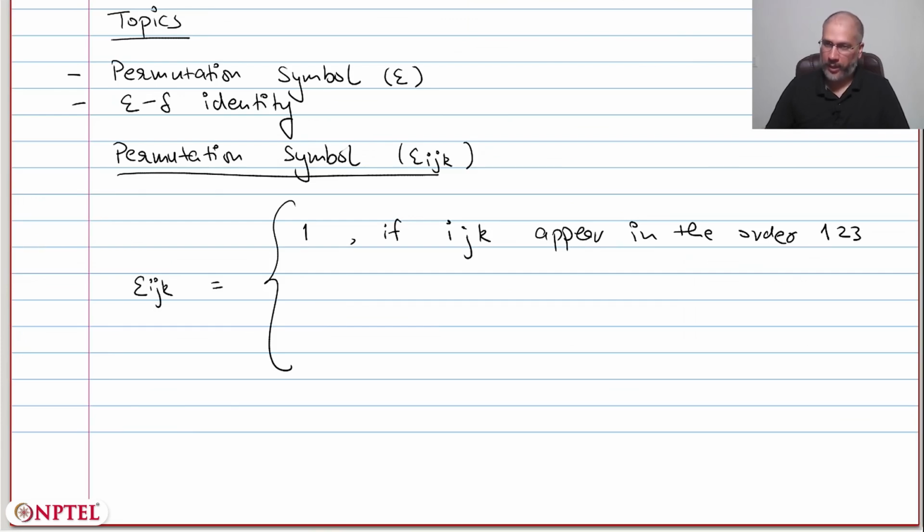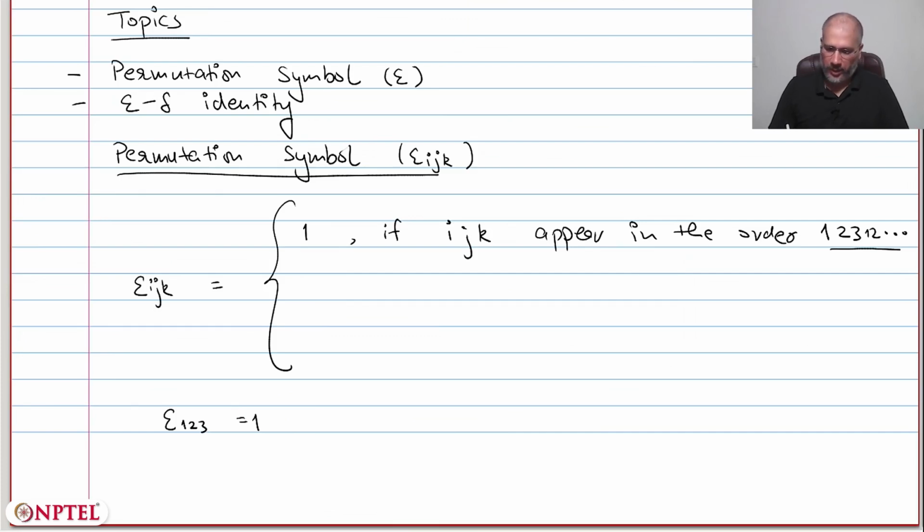So the order has to be cyclic. So it's 1, 2, 3, 1, 2 dot dot dot. So what that basically means is that if I have epsilon 1, 2, 3, so that follows the order as given here. So that will be a 1. So we'll discuss more about it, but let's complete the definition first.